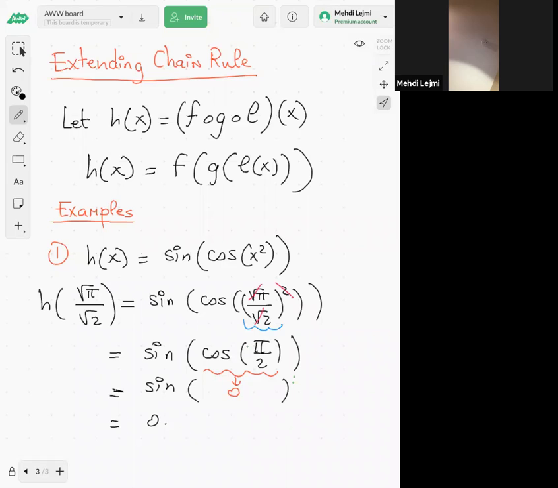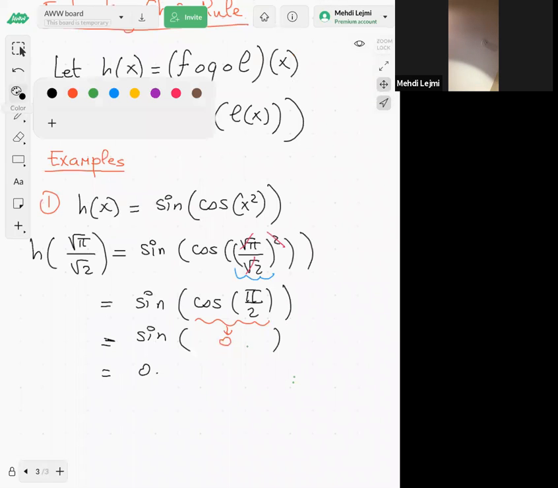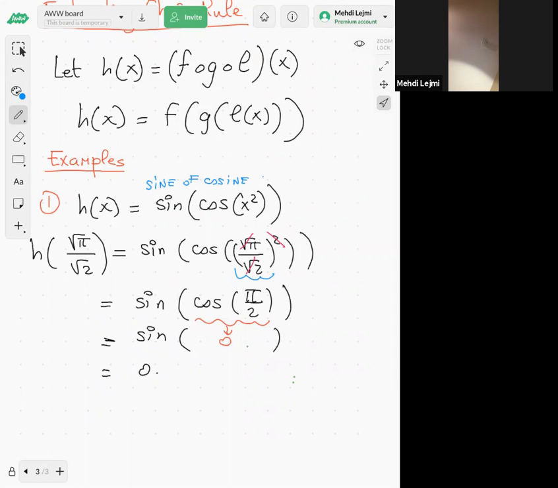Anyway, my point here is that the way you read this function h, it's sine of cosine of x squared. So this is like f of g of L of x, right? So what will be L?